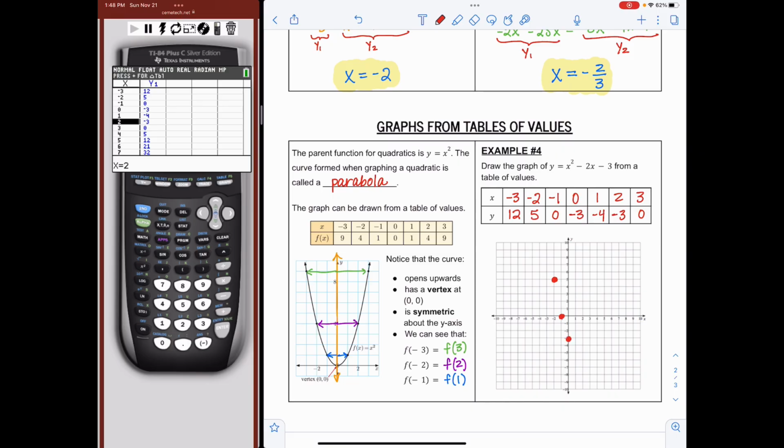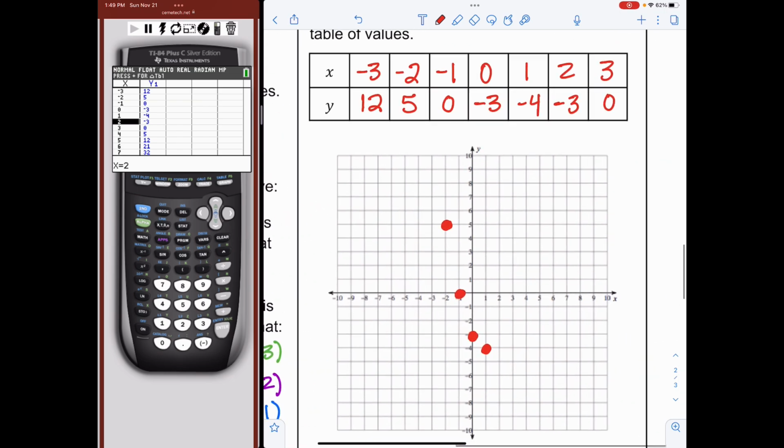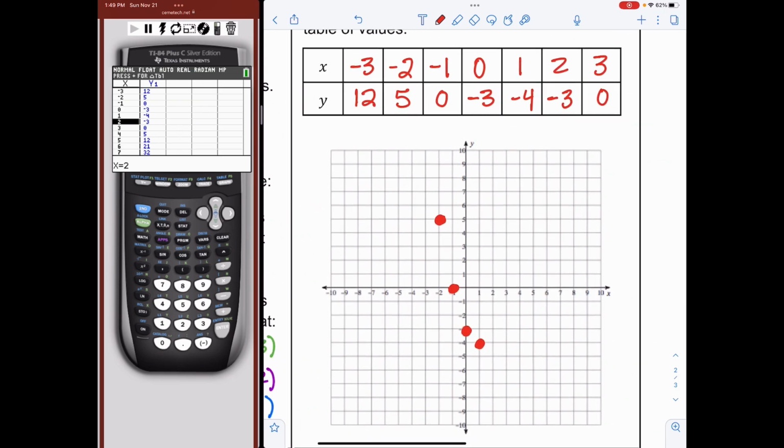I can plot 1, negative 4. I can plot 2, negative 3. And I can plot 3, 0 based off that.